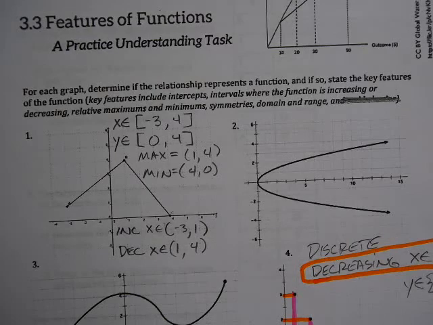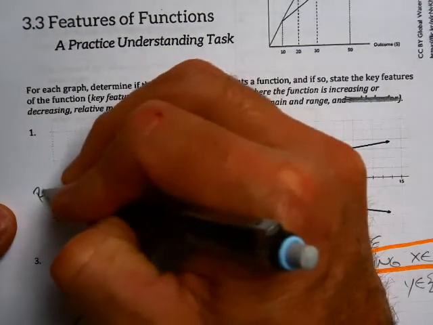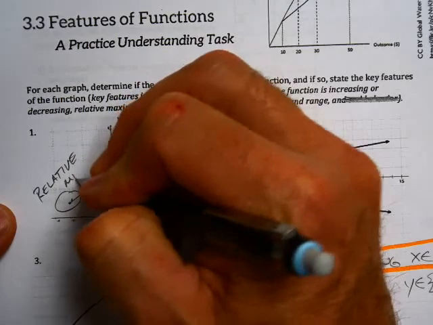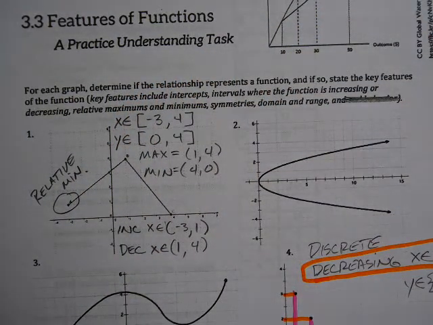It does ask for it. This is a relative minimum. It's not the absolute minimum. It's not the lowest that the values go, but it's lowest within its sort of area of the graph.